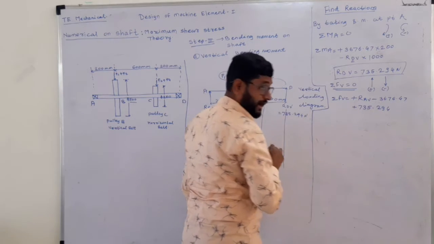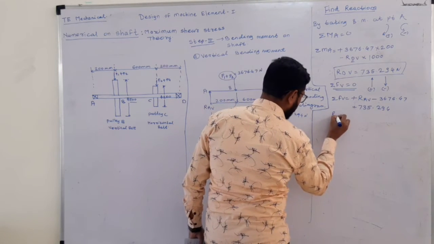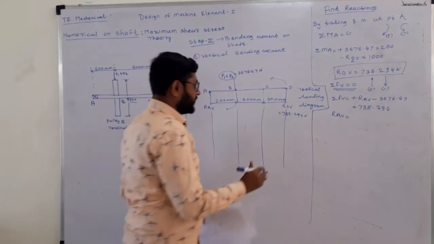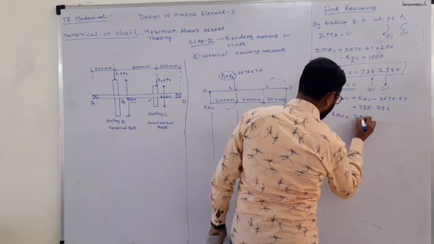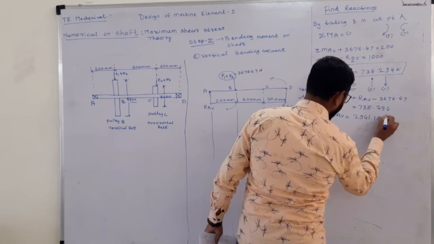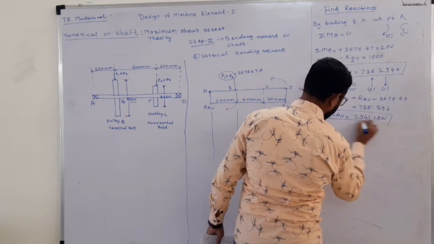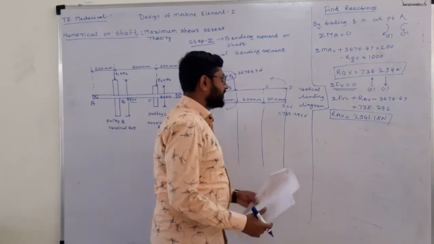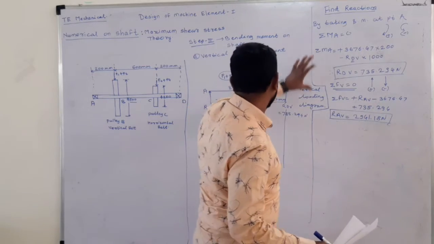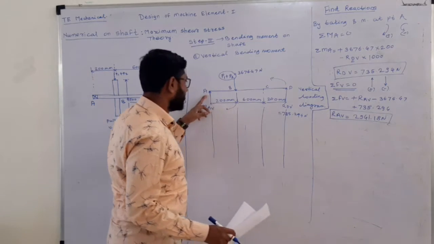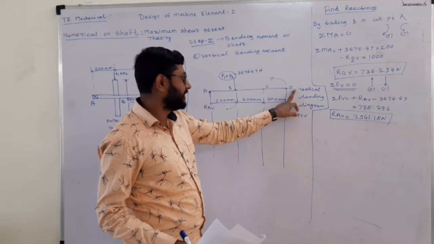By calculation we get RAB, the reaction at point A, as 2941.18 Newton. So students, in this step we calculate the reactions at point A and at point D.